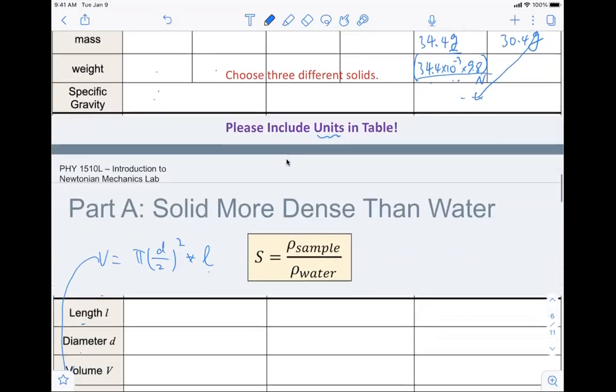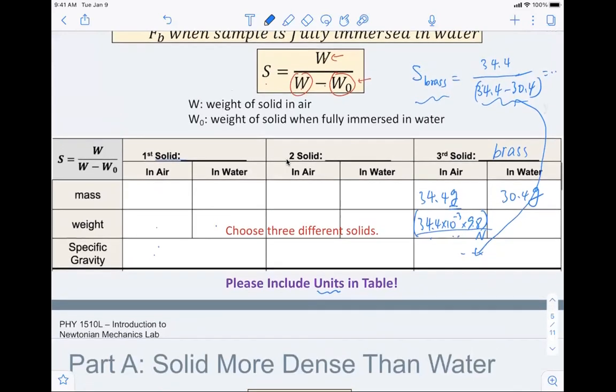Are the numbers from the preliminary the same numbers that we could actually use in part A for aluminum? Sorry, I don't quite get your question. Can you say it again, please? In part A, they had different objects: one was graphite, the other one was aluminum, and then you chose to use brass.